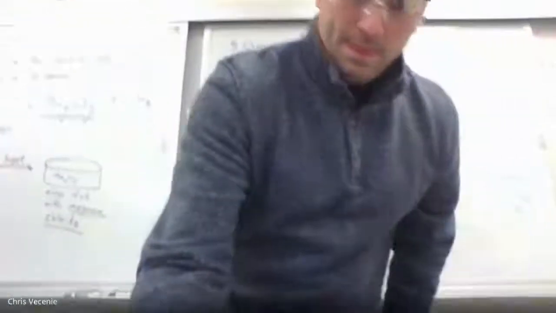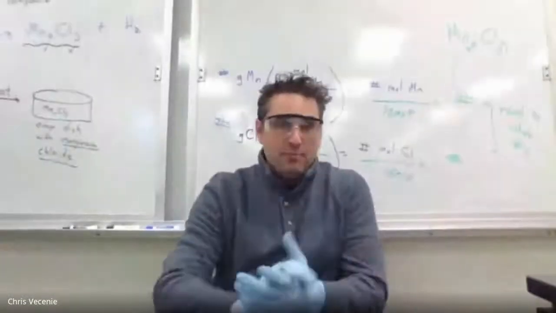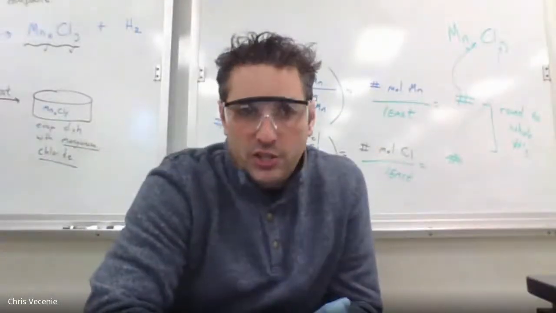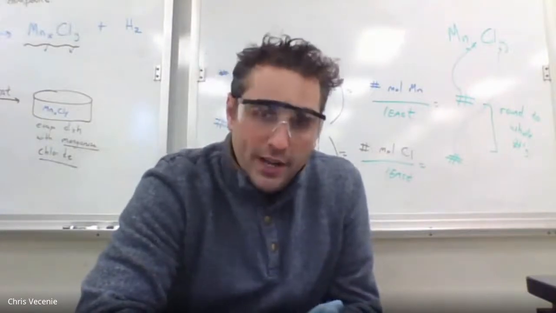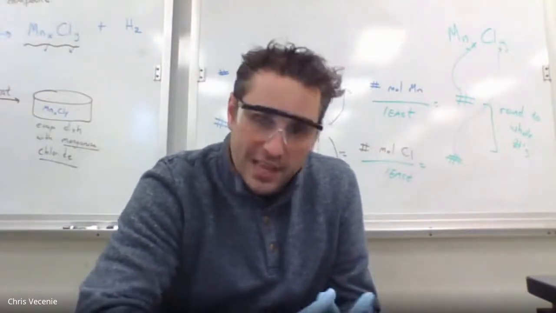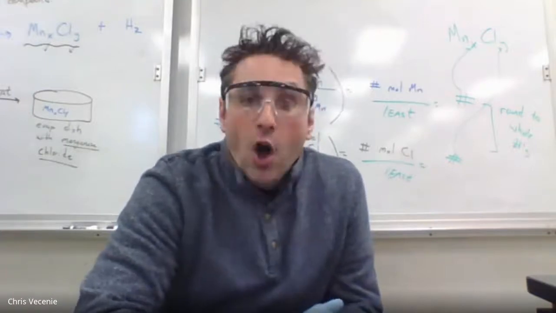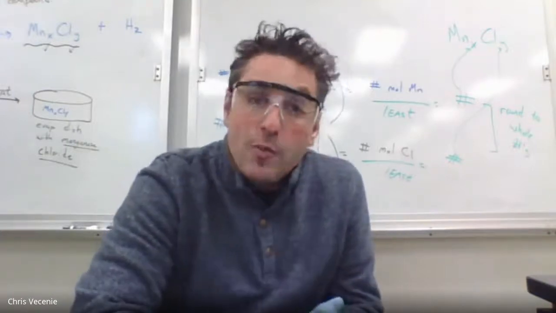All right, so what you guys want to do now is start working on those post-lab calculations. I'm going to let that finish up. And then I'm going to send you a picture of the product so you can see what it looks like in the dish, sitting on the balance so you can see what its numeric value is.